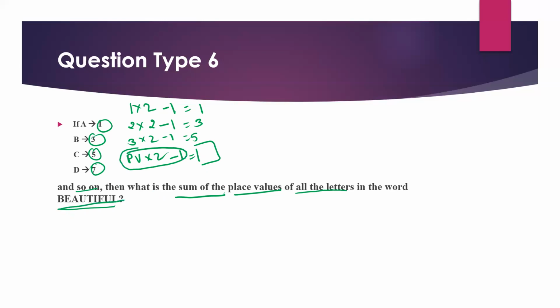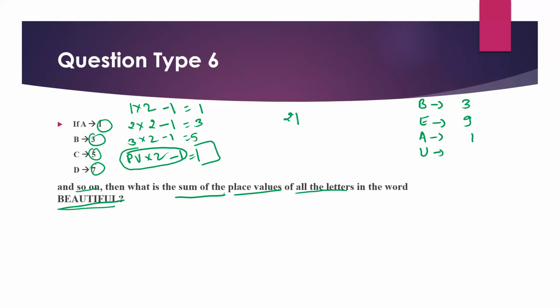Okay? So for B, it will change to what? 3. E will change to 9. A is 1. U, what is the place value of U? Tell me.